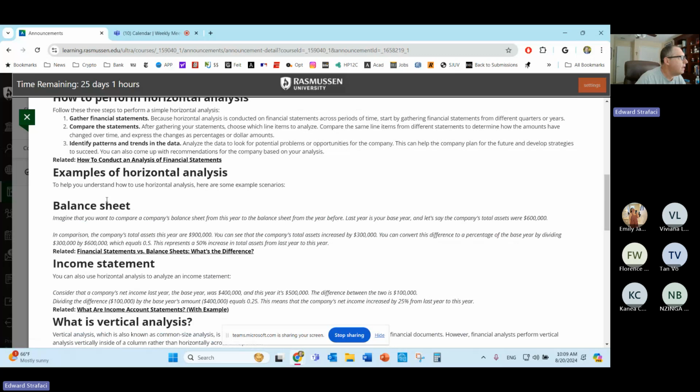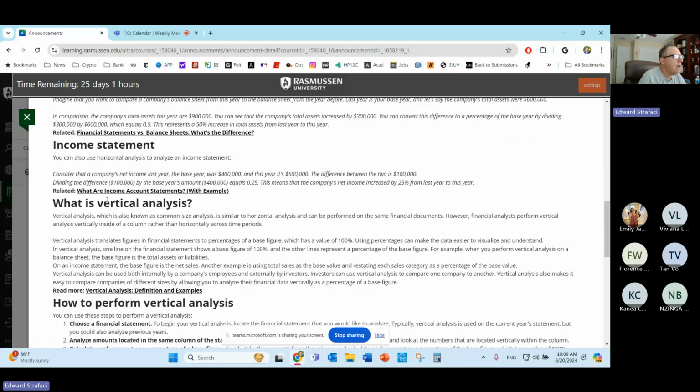In vertical analysis, we're looking at common-sized analysis. We look at our financial statements, and usually what we do is treat sales as always 100%. Break in and talk to me if you have questions. If sales are 100%, then how much is cost of goods sold as a percentage of sales?